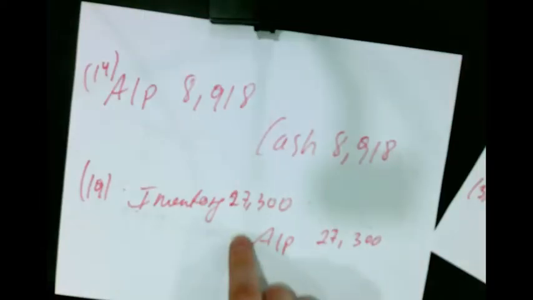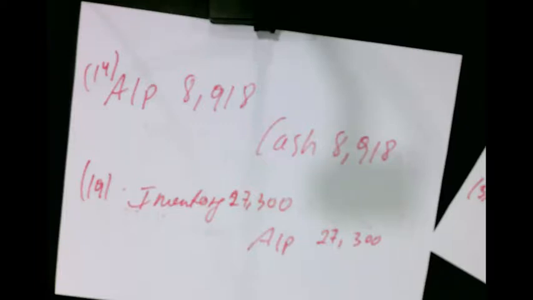Paid freight of 400 on October 19th, purchase of Veggie Company. Remember, on October 19th, this was the transaction for this one right here that we just recorded, 27,300. Again, the freight is simply an expenditure necessary to put this inventory in the operation.